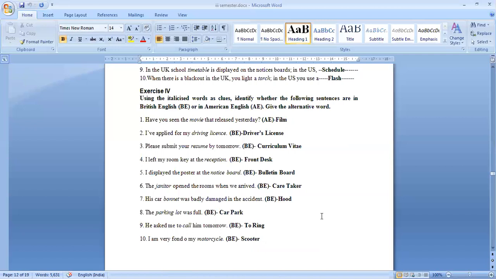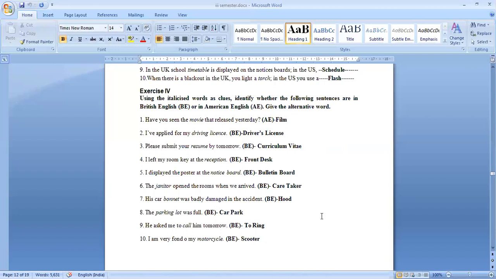First, we have to identify the word given in italics. Then we have to identify whether the word belongs to British English or American English. If it is British English, we write BE in capitals.